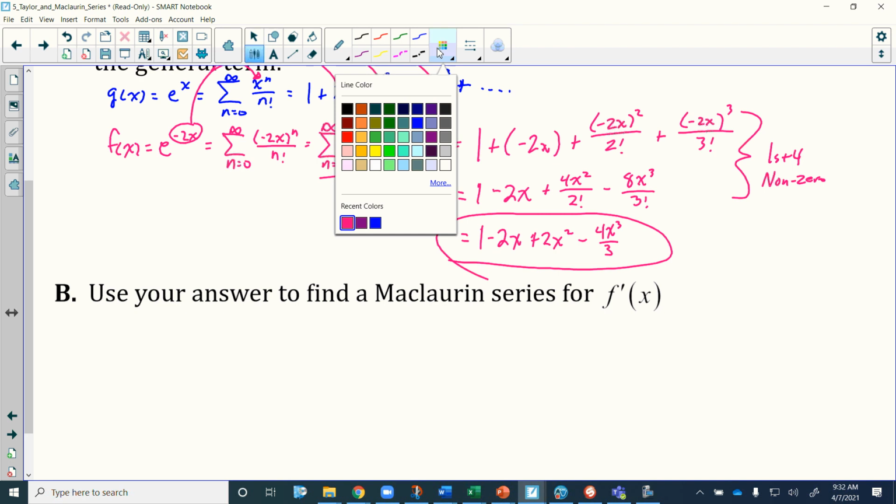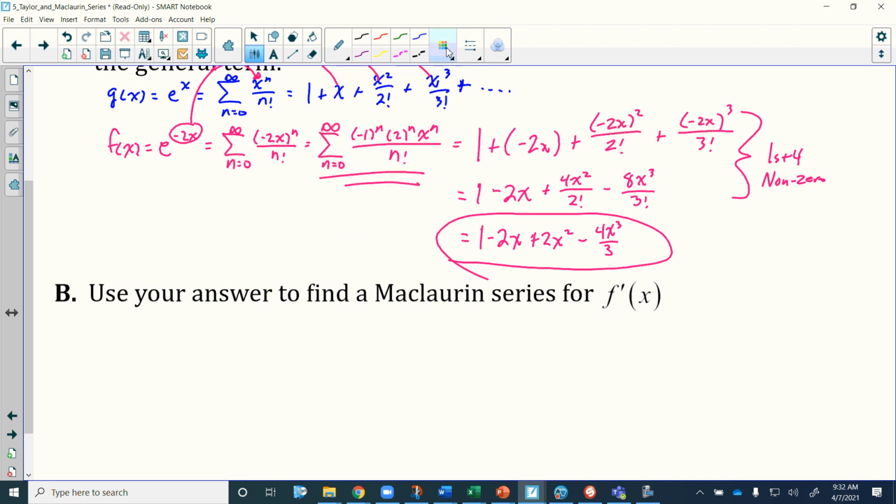Let me pick another color. And in this case, we're going to look for the derivative of the expression that we had. So when I'm looking at the derivative, I'm looking at this expression here for something I'm going to take the derivative of.